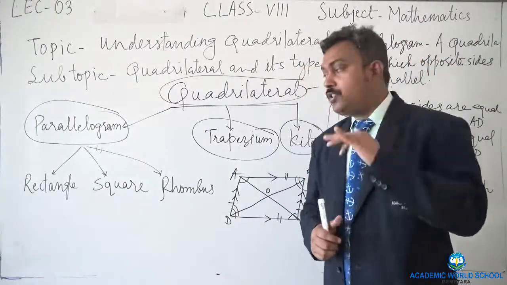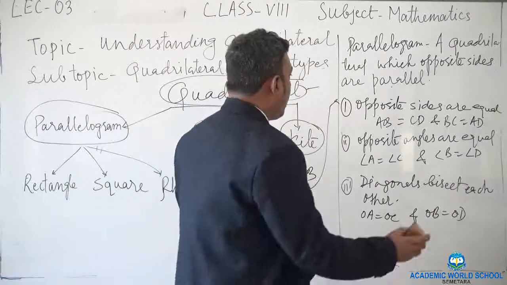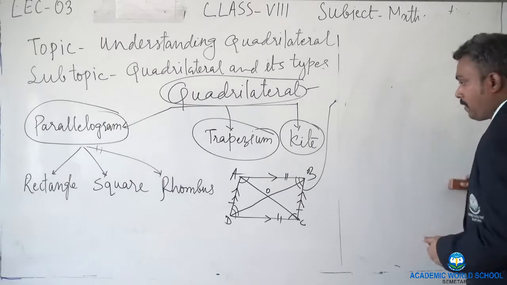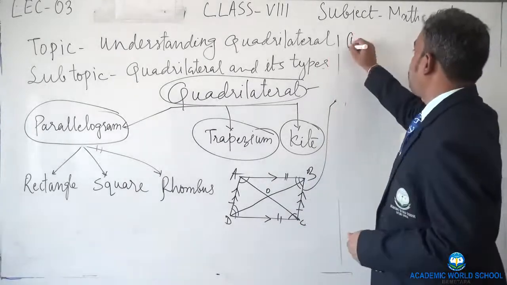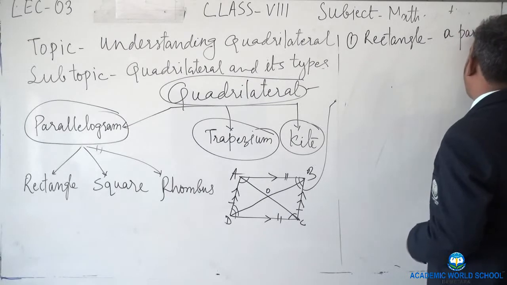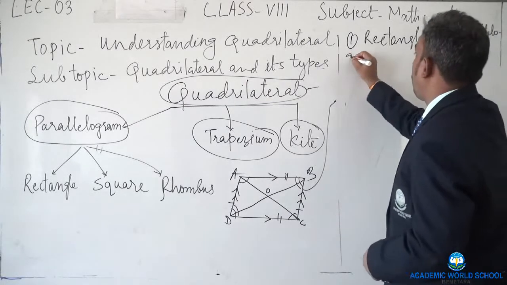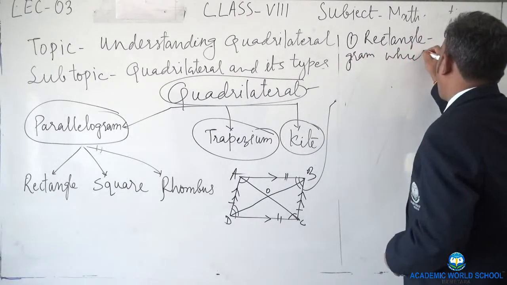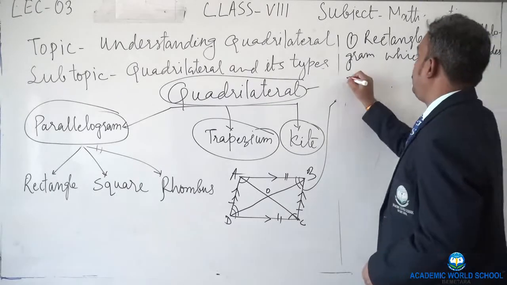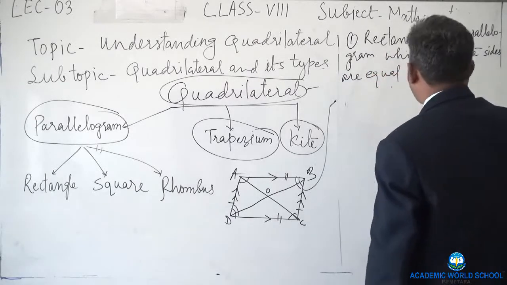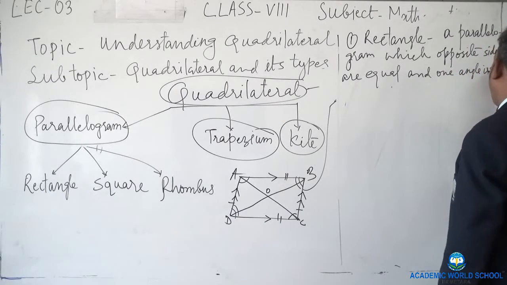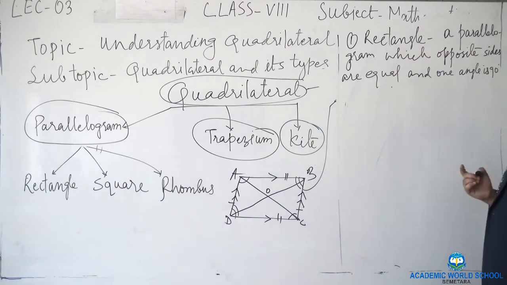A parallelogram whose opposite sides are equal and one angle is 90 degrees is called a rectangle.